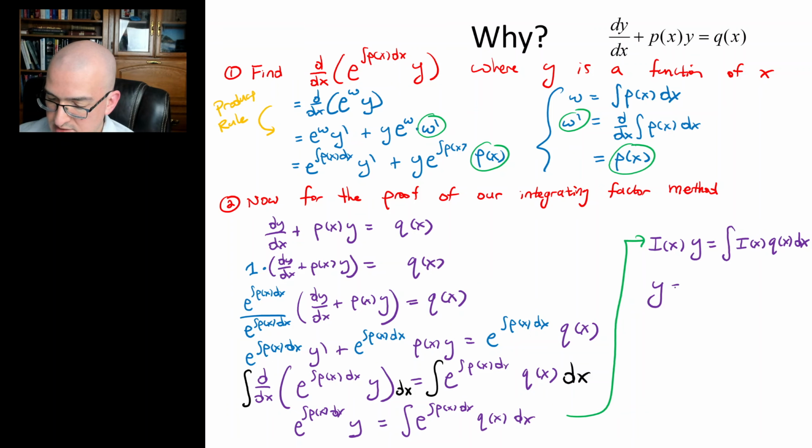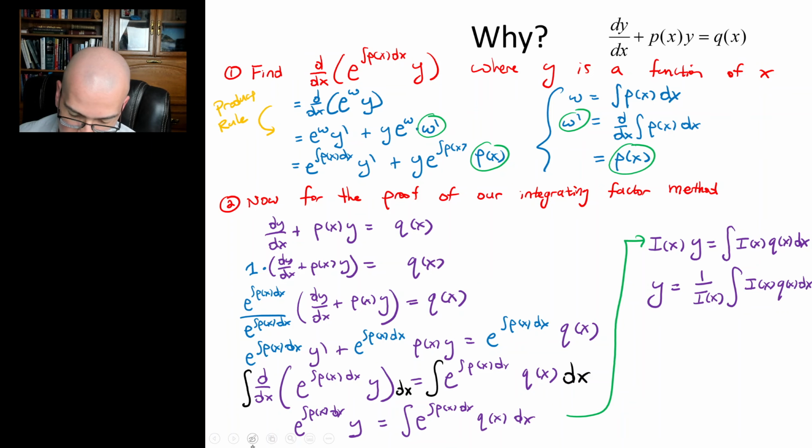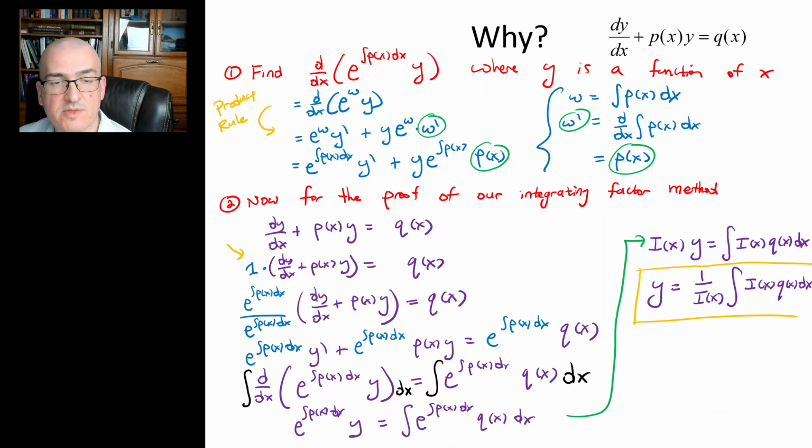So that means y is equal to, divide both sides by I of x, 1 over I of x times the integral of I of x times q of x dx. The proof is largely mechanical. The one magical step is that step there. Multiplication by 1 and choosing that particular form of 1. That's the magic.